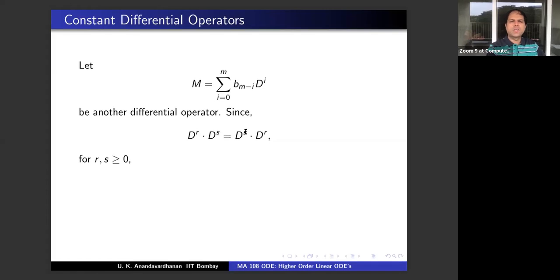The order in which you take derivative doesn't matter. D^r composed with D^s, so I write product, but this means composed with, is the same as D^s composed with D^r. And therefore you have L composed M is the same as M composed L. In other words, L and M commute. Okay, L and M commute with each other.